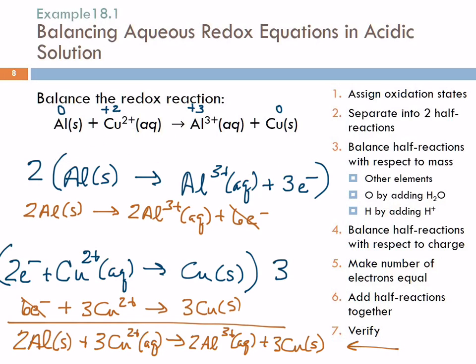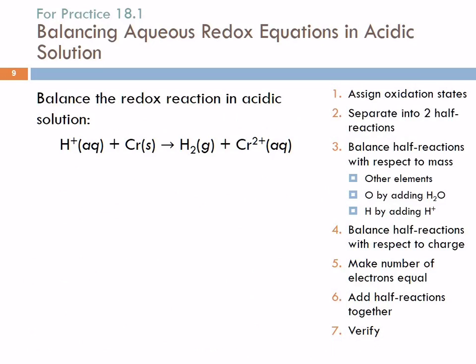It's mass balanced, but it's not charge balanced. This is a very simple one, and so you could probably figure out how to balance that by charge. But when they get a little more complicated, it can be pretty tricky. No questions? Let's do another one.